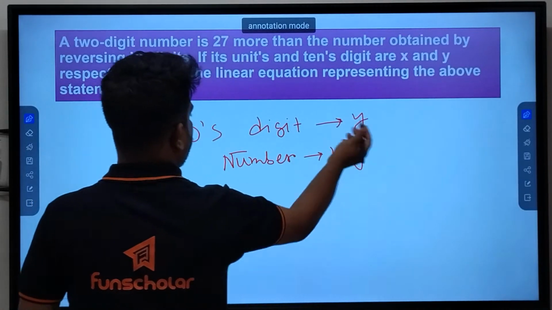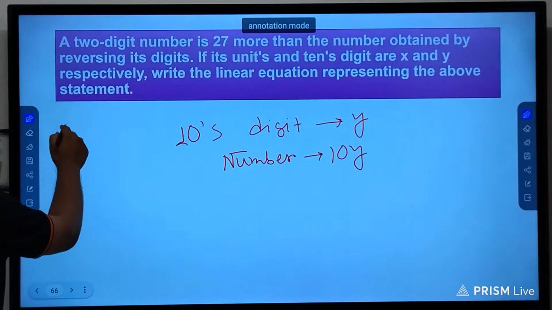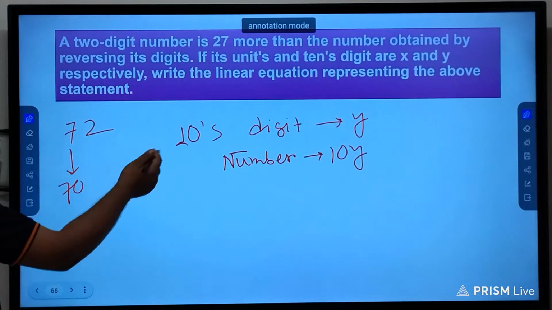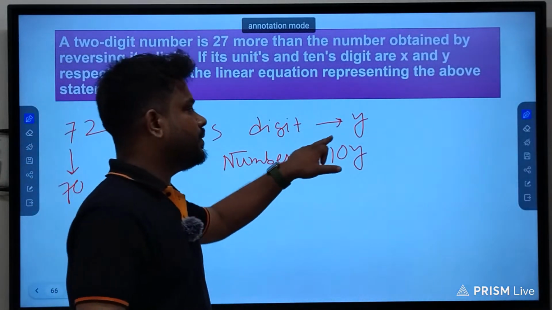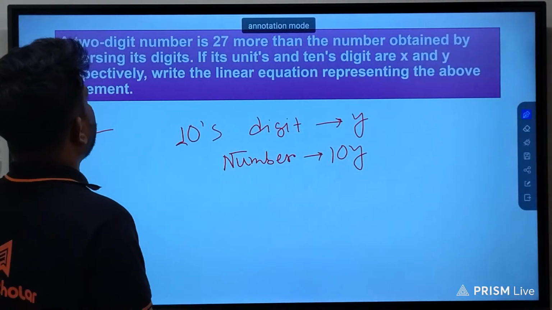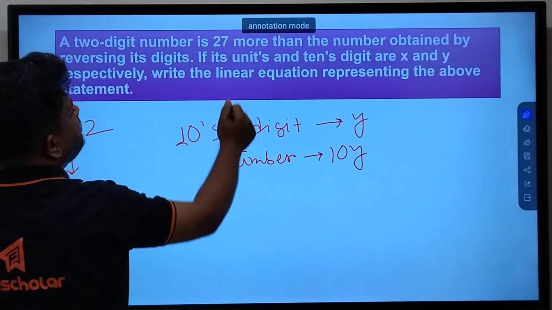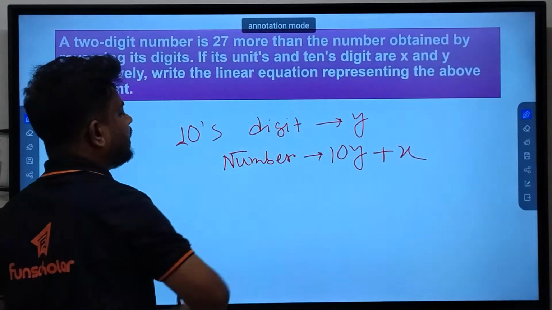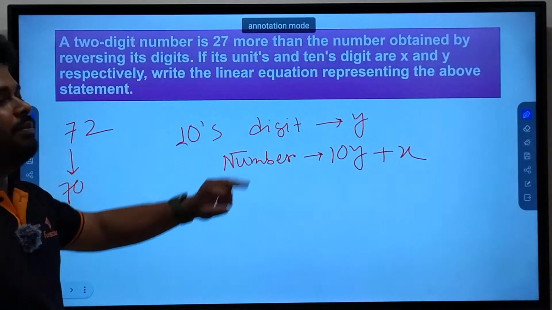So the number can be 10y. Okay, because in 72, 7's value is 70. Similarly, we can tell that y's value is 10y in this number, and the unit digit is x. So it can just be added like this. It will be 10y plus x.